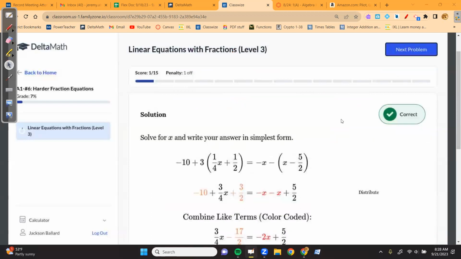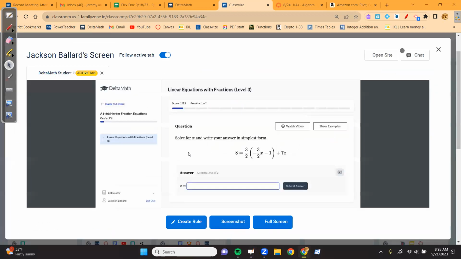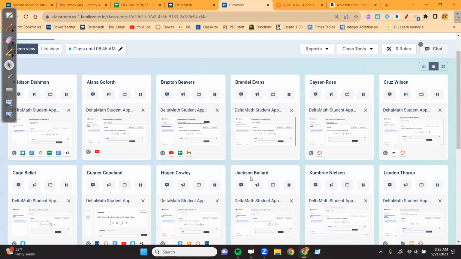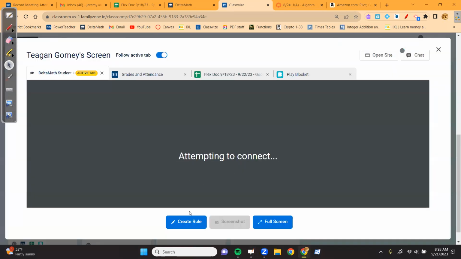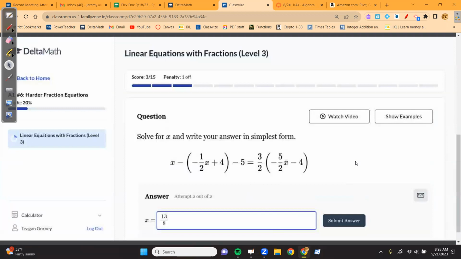Tegan? Sure. Yeah, this is my least favorite kind. And this, I go back, this is what Jackson was dealing with a second ago. If it weren't for all these fractions buried inside this one and this one, then I would just fraction kill right now.